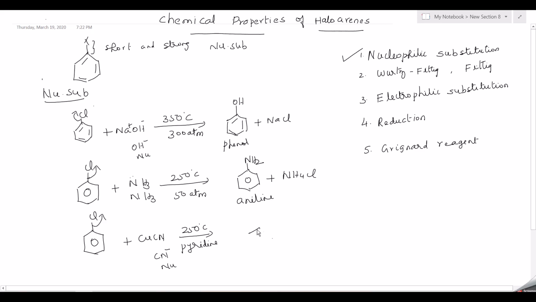So you will be getting CN substituted in the benzene ring in the place of chlorine, and you will be getting CuCl, cuprous chloride. So this is what we call phenyl cyanide. So phenyl cyanide is obtained from chlorobenzene on treatment with cuprous cyanide. So these are the examples of nucleophilic substitution reaction. Under normal condition, nucleophilic substitution is not possible because the bond between carbon and halogen is very short and strong, and this benzene ring is a center of high electron richness. So a nucleophile cannot attack this.